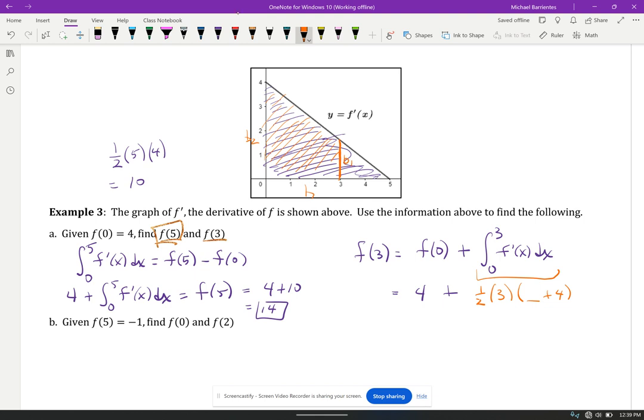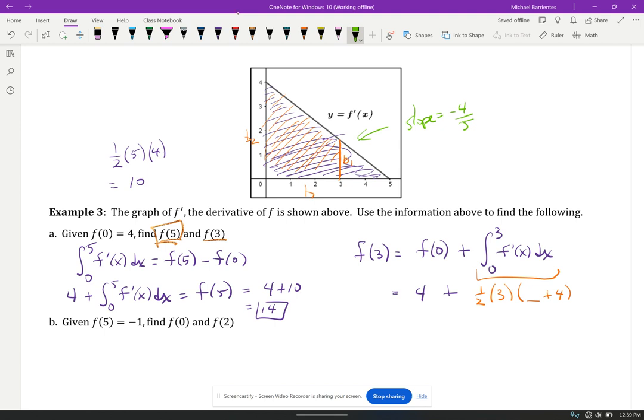Well, I know that the slope of this line is -4 over 5. It goes down 4/5. So another way to think about it is, for every one step that it goes over, it goes down 4/5.